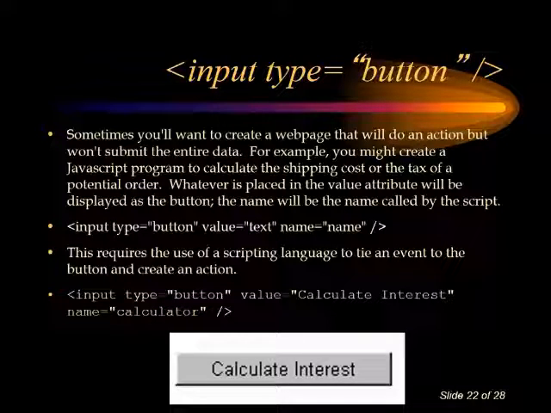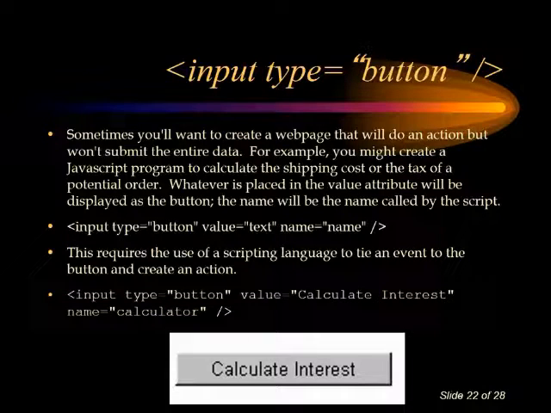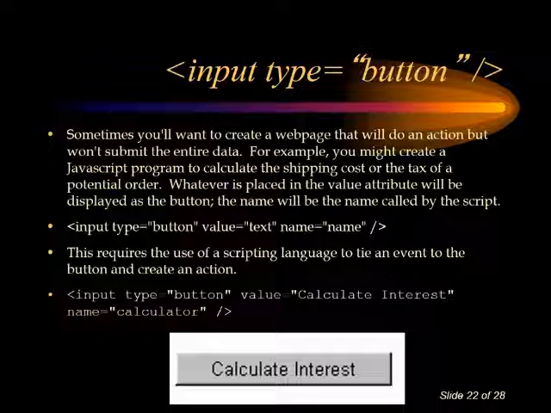But the secondary action might be done using input type equals button and then tying that button to an event using a scripting language like JavaScript or a server-based scripting language like PHP in order to make the event occur.